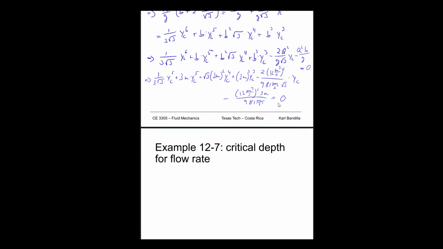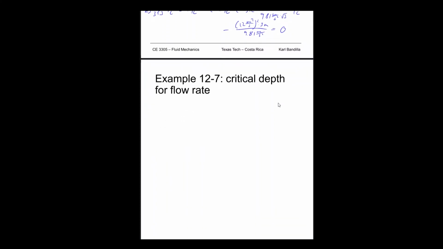All right, then we can stick all this into a calculator and get the actual numbers. So I would get 0.19245 times yc to the 6th power. The next one's easy.